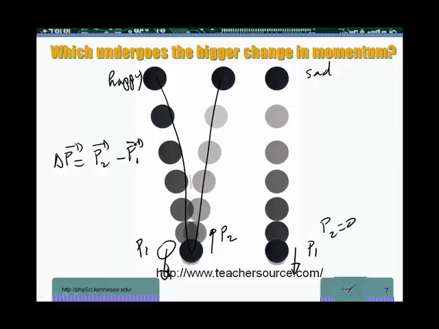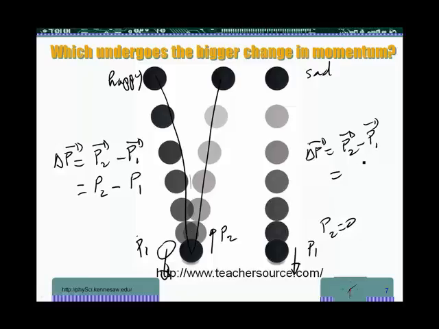Now, if I take the upward direction as positive, my P1 is going to be negative and my P2 is going to be positive. So here it's going to be P2 minus P1. And here my change in momentum is going to be equal, again, P2 minus P1.